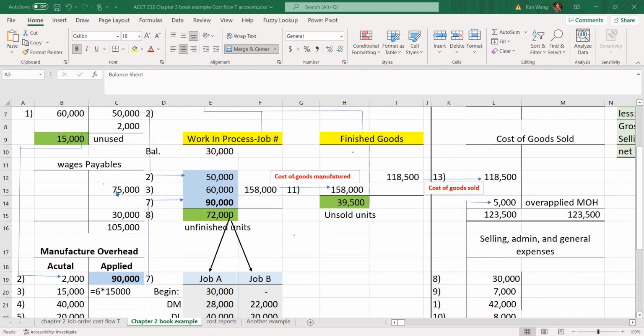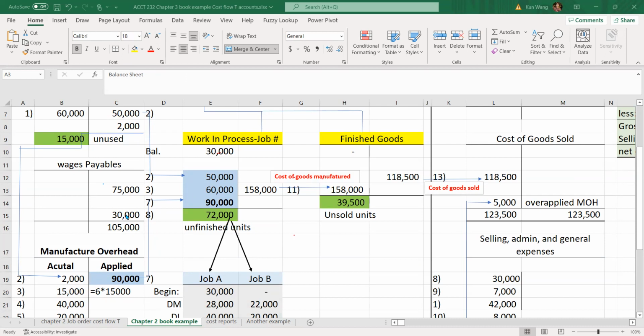So for this 75,000, we credit wages payable, debit work in process for the direct labor, and debit the manufacture overhead for the indirect labor. So the total manufacture labor is 75,000, including both direct labor and indirect labor.